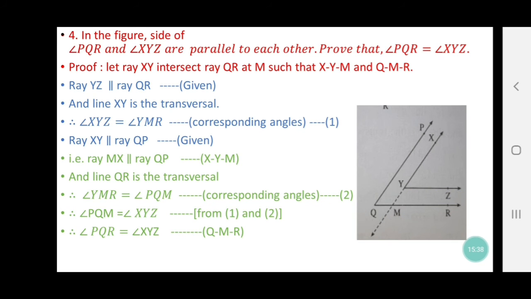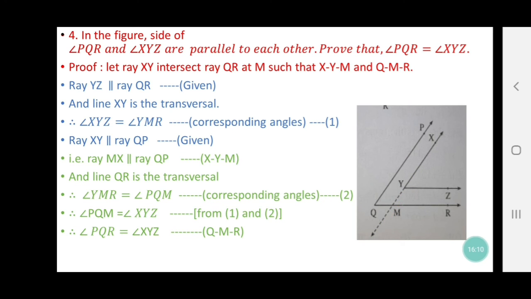We will consider the very first part, that is XY. A construction is there. XY intersects QR at point M such that Y lies between X and M, and M lies between Q and R. Now here YZ is parallel to QR and XY is the transversal.